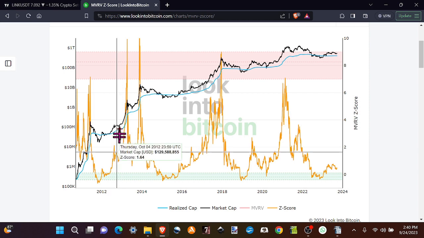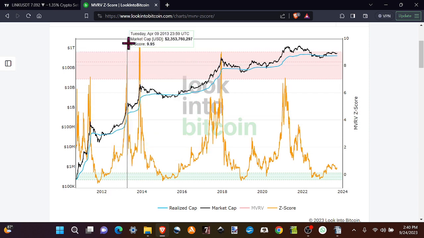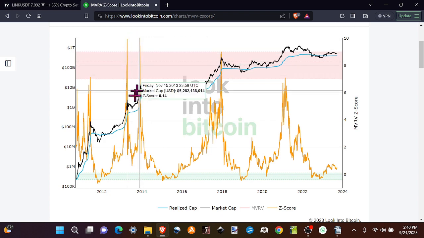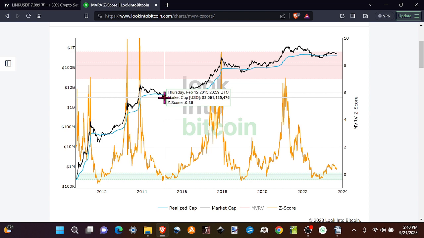And then you see here in 2013, extremely overvalued. 2014, extremely overvalued. These were two tops. And then you see a bottom come in 2015, right? Extremely undervalued, with the bottom here in 2015.